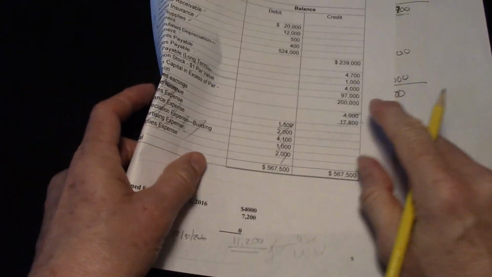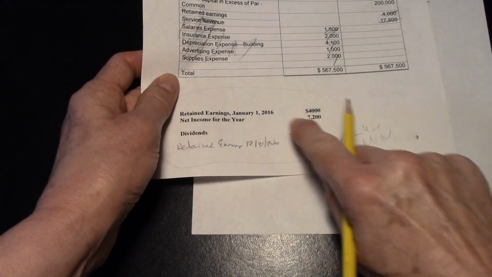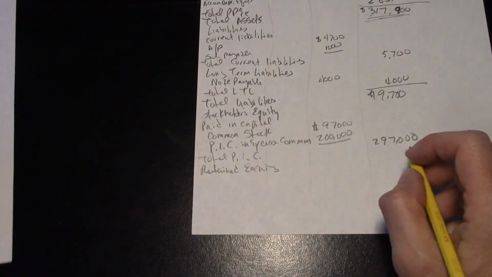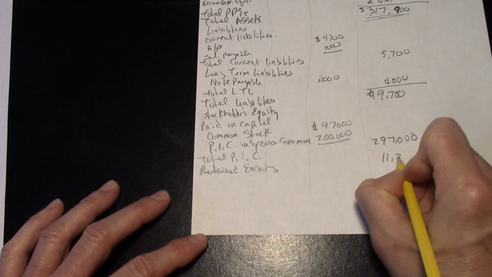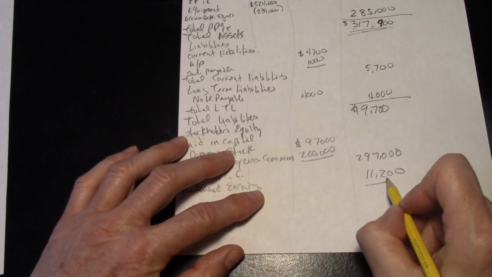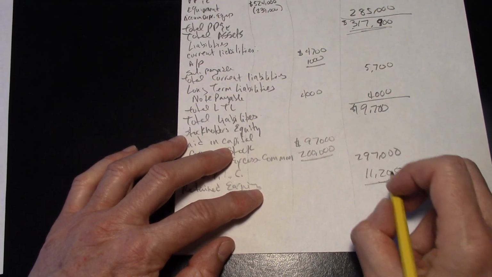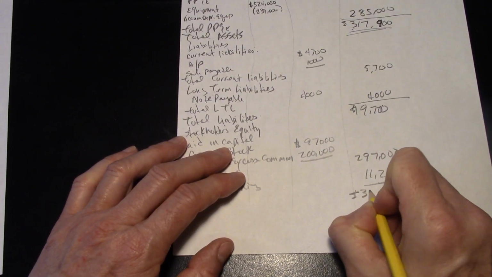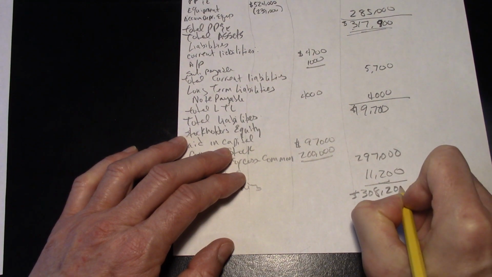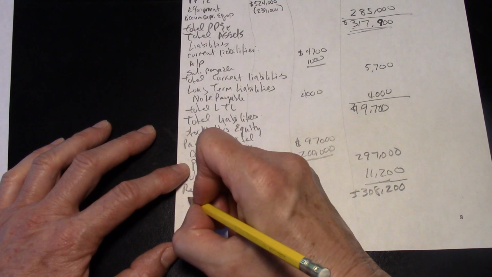And remember, not this one from up here, but the new one from your retained earnings statement. So 11,200. You add these two, 297,000 plus 11,200 is $308,200. And that, of course, is total stockholders' equity.